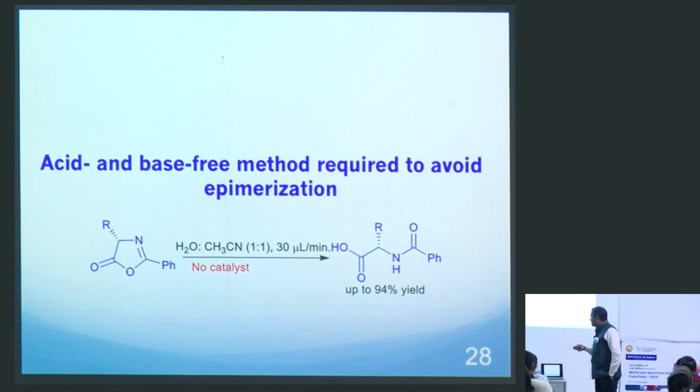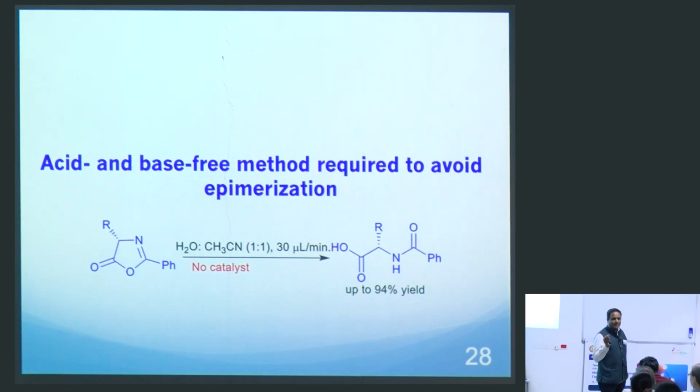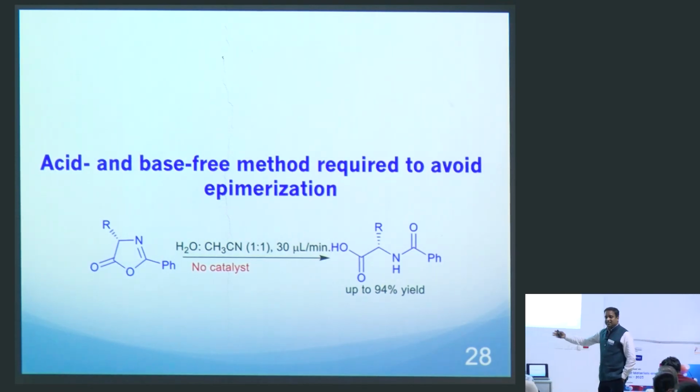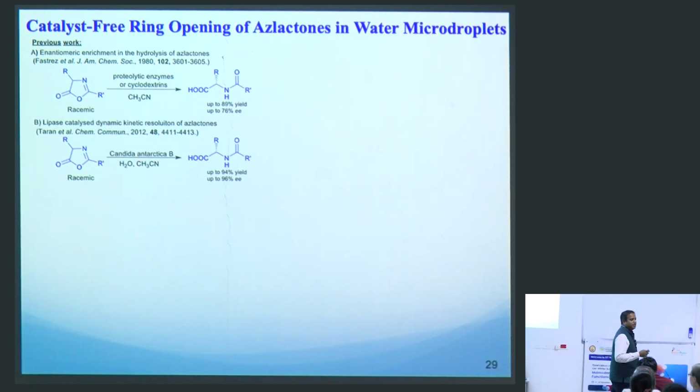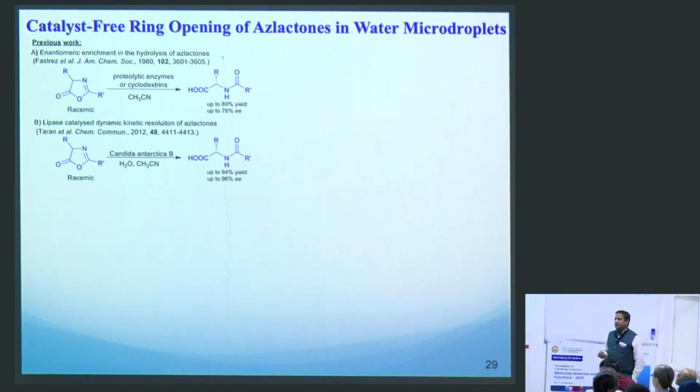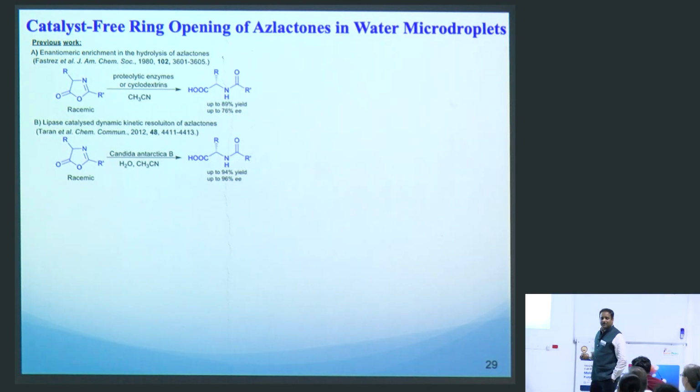So acyl is one of the important functional groups for protecting the amino acid. Once the reaction is over, we have to deprotect it. In the existing methods, when they deprotect, they need to use enzymes. Normally enzymes are expensive, or sometimes we have to depend on nature, so it is going to be lost.